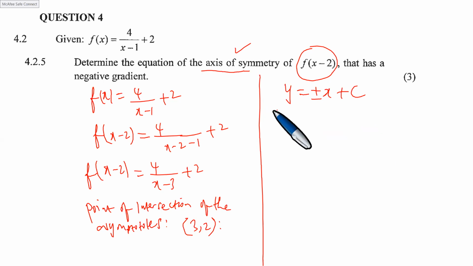So at this point, these are axes of symmetry. You can choose either one of them; each one is an axis of symmetry.